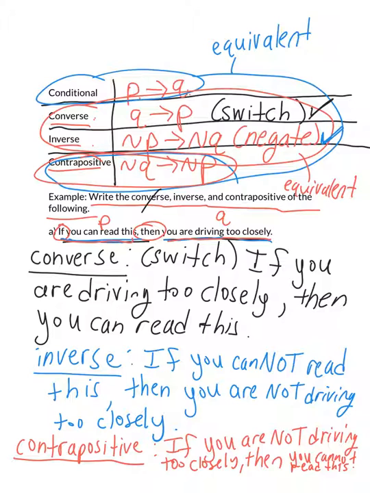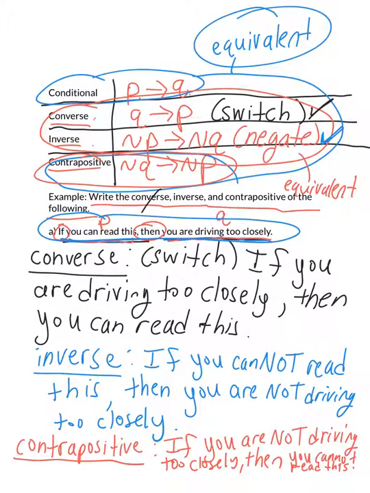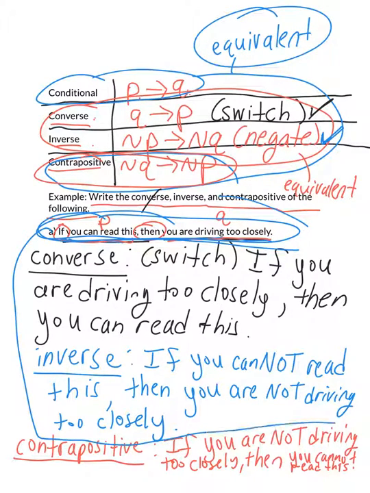Now the homework might take it a step further and ask you which sentences are equivalent. The original conditional will always be equivalent to the contrapositive as we have up here. So the if you can read this, then you are driving too closely will be equivalent to this contrapositive down here.